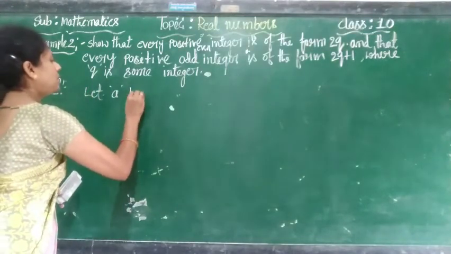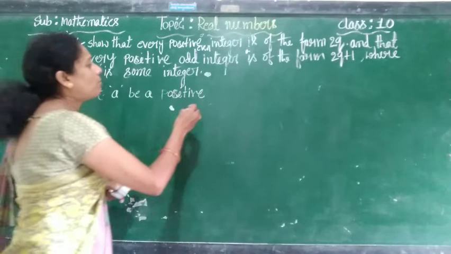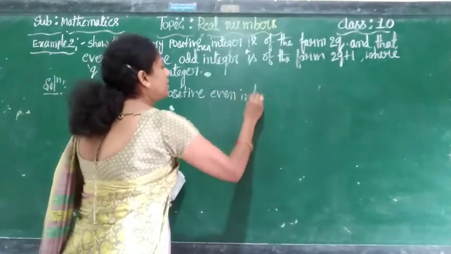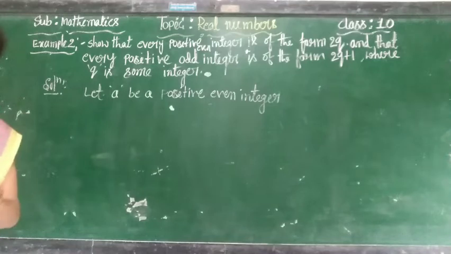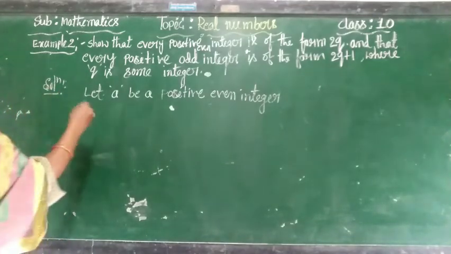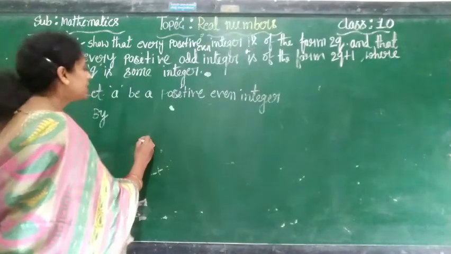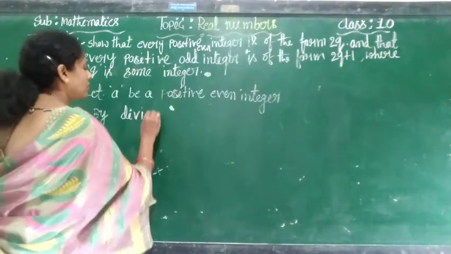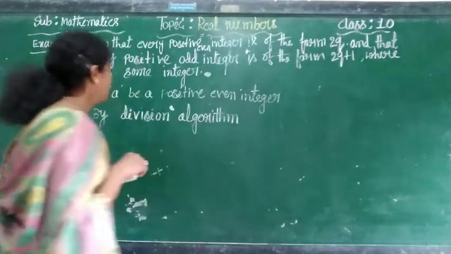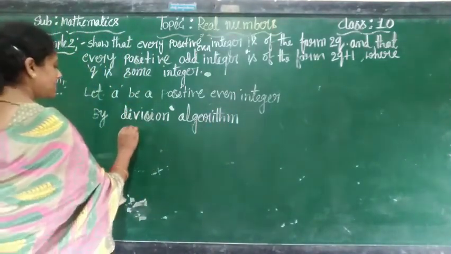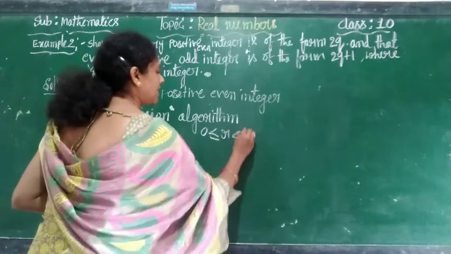Let a be a positive even integer. So by division algorithm, a is equal to bq plus r, where 0 is less than or equal to r less than b.